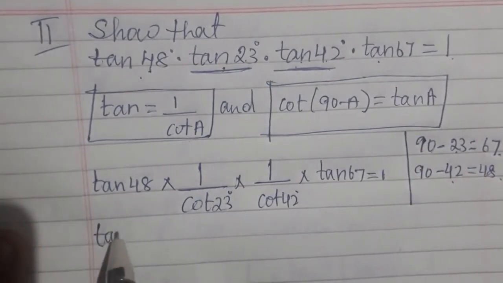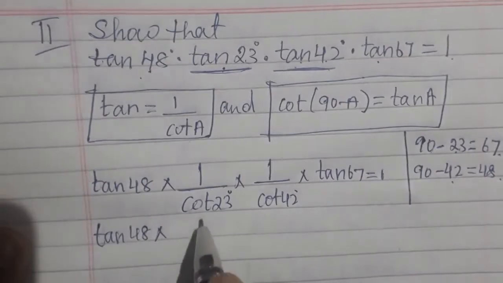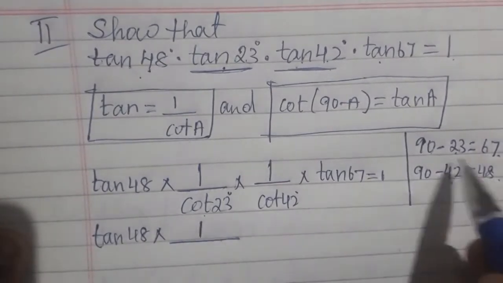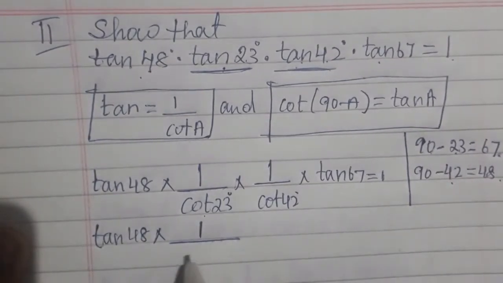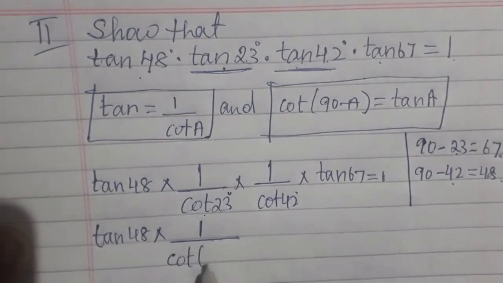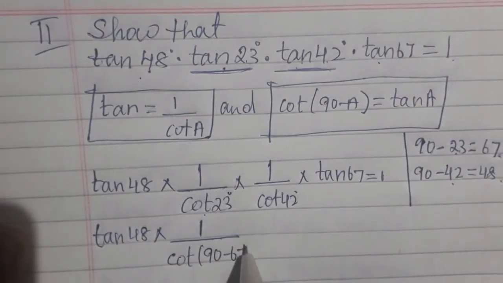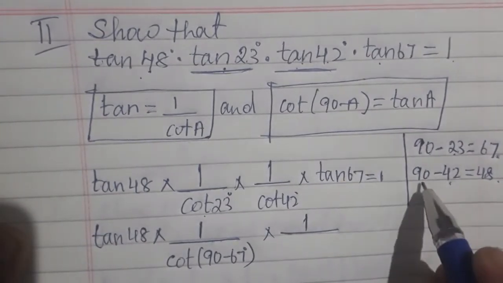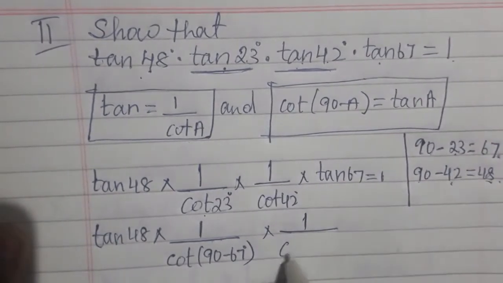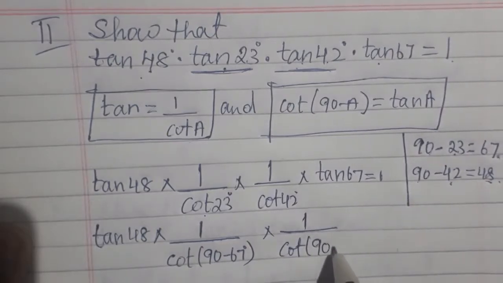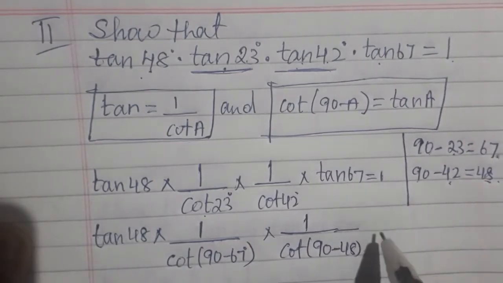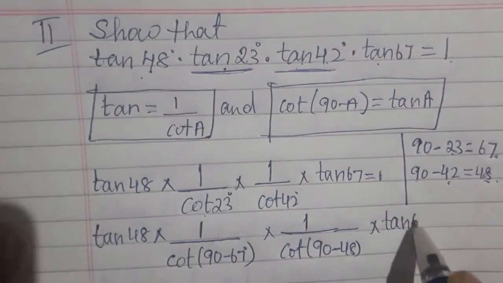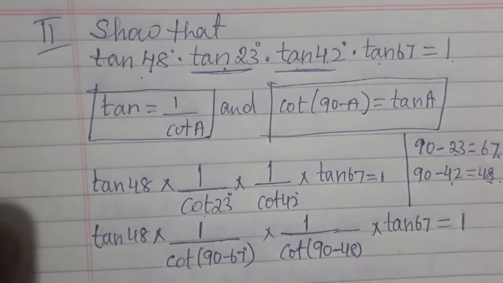So now tan 48 into 1 by cot 23 can be written as cot 90 minus 67 degree, into 1 by cot 42 can be written as cot 90 minus 48, into tan 67 is equal to 1.